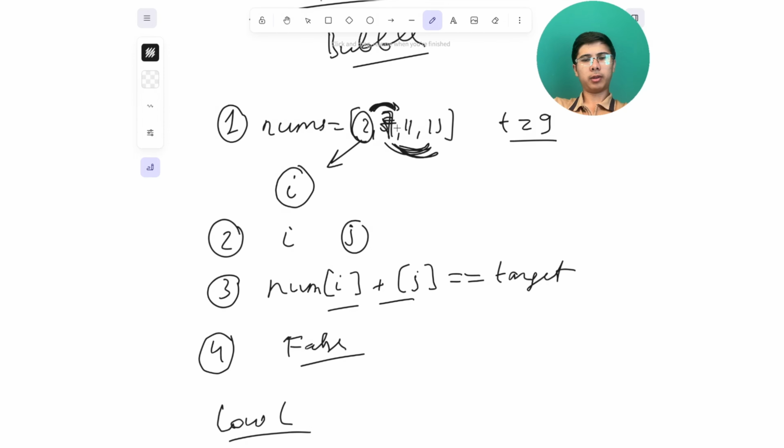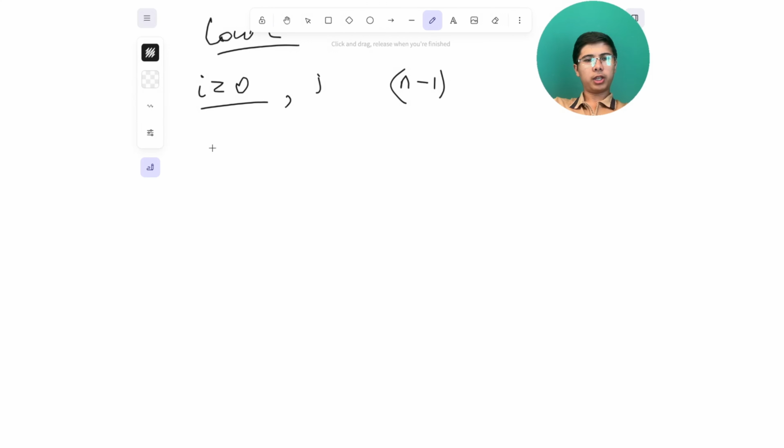If we pick the 7, we only check the next numbers, 7 plus 11, 7 plus 15, that's it. If we pick 11, we only check with 15. If we pick 15, we don't have to check any elements, because we already checked them before. Like 15 plus 2 and 2 plus 15 are the same. And we continue the process until the last element.